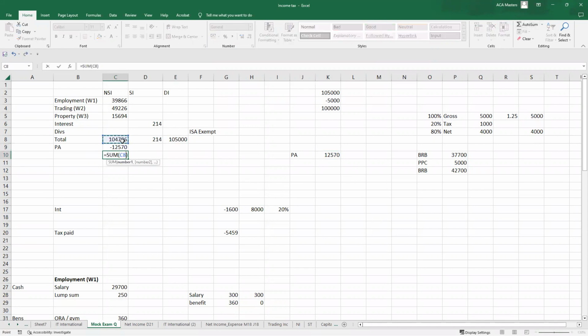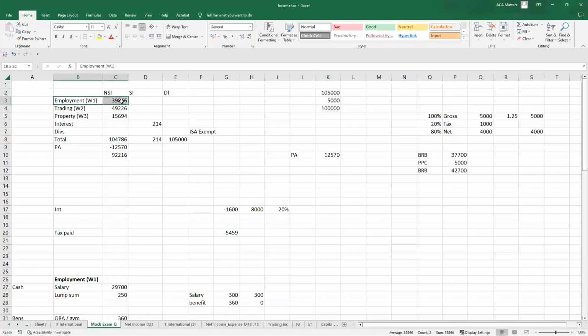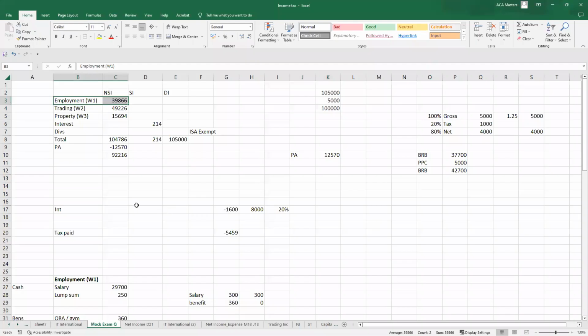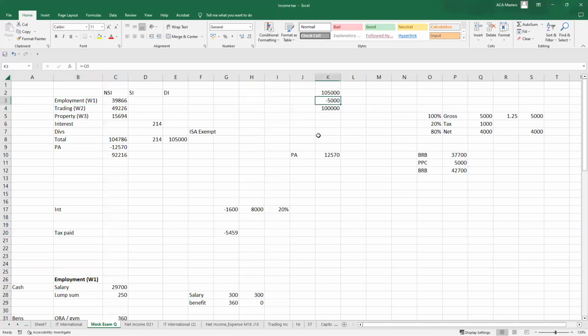So you can see we're making pension contributions. Not only do you get to contribute the money to your pension tax-free because you've deducted it from your employment income, meaning that you don't pay any tax on it, or you gross up the bands and save tax at your highest rate that way, but you also can save your personal allowance as well if you are going to be losing it.